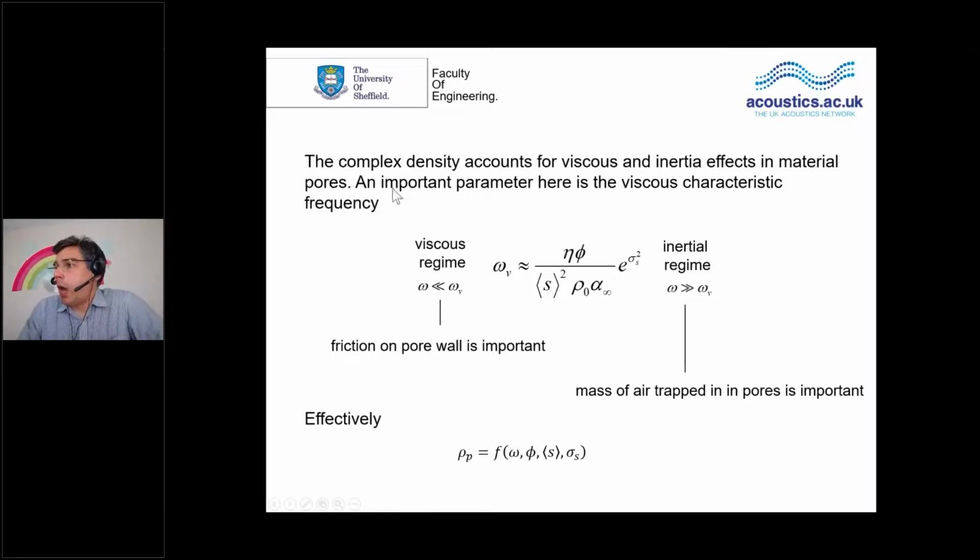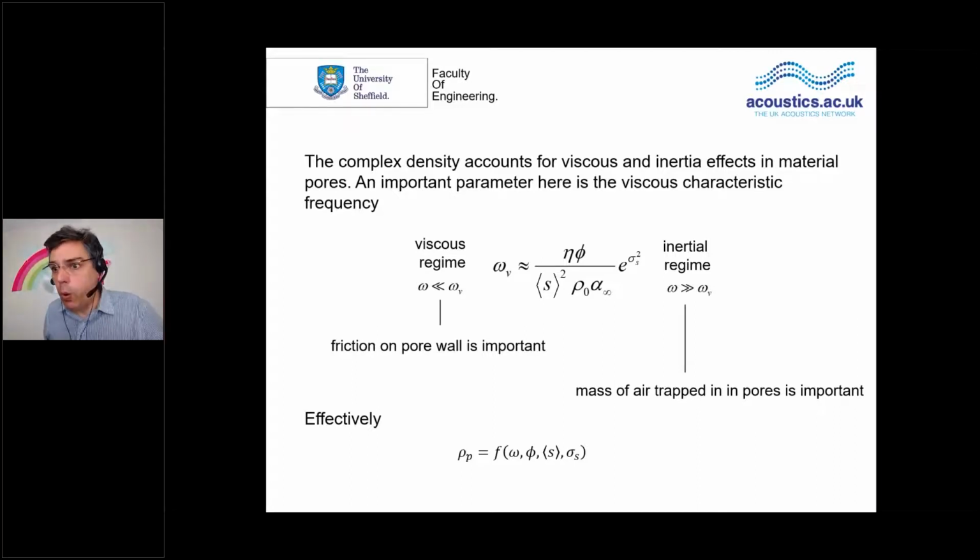This viscous characteristic frequency is quite an important parameter because it separates two different regimes. On one hand, there is a low frequency regime, for frequencies less than this frequency, and this is a regime where viscous losses are dominant.